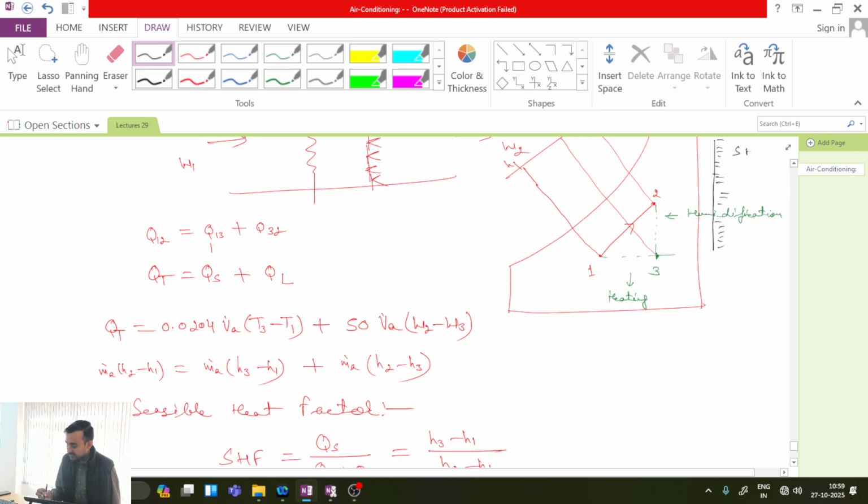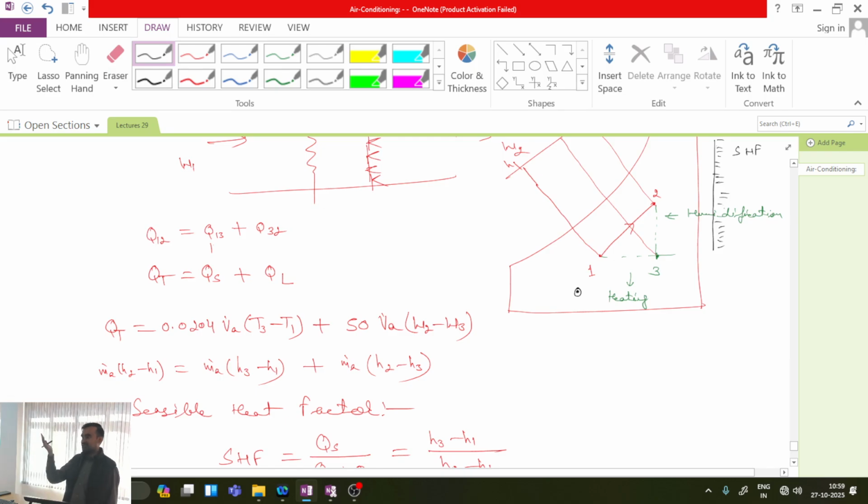This side we have the sensible heat factor scale, and here we have one circle which is called the alignment circle. If for any process I know the value of sensible heat factor, what can I do?